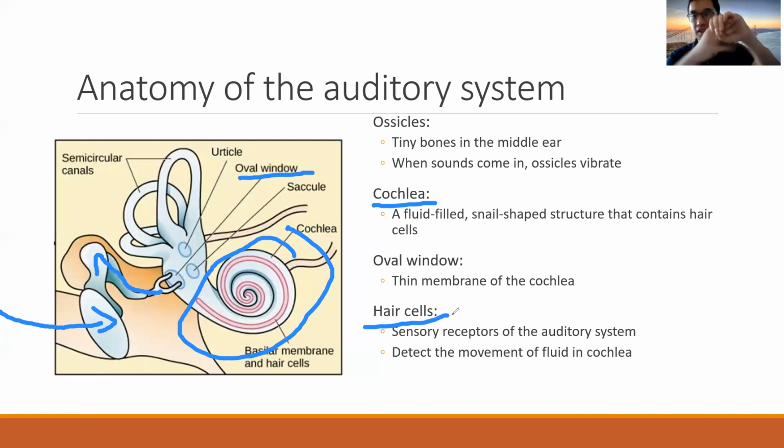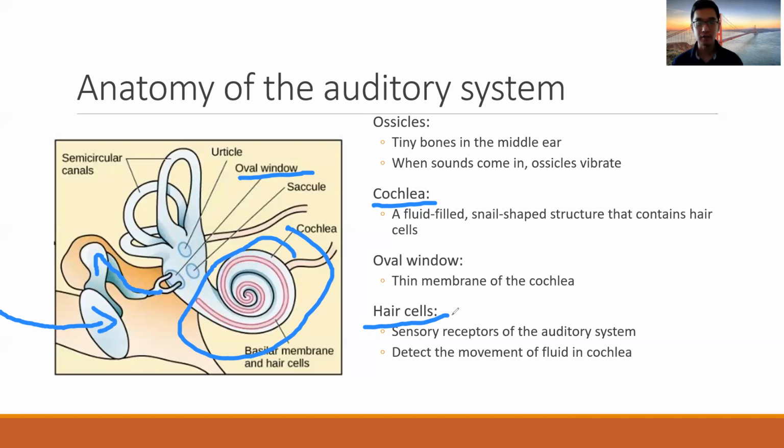So the hair cell is inside the cochlea. Hair cells are in the fluid, because the fluid fills the cochlea. Hair cells are on the inner surface of the cochlea and connect to the fluid in the cochlea. So when the fluid is vibrating, the hair cells are also vibrating.